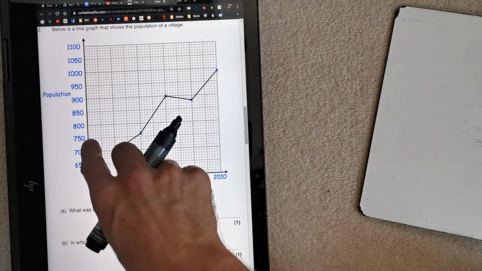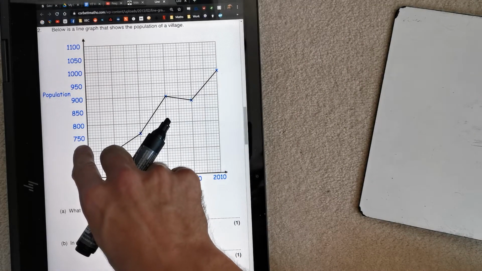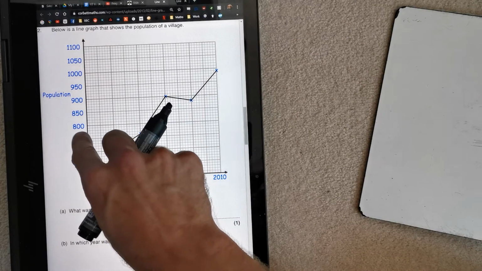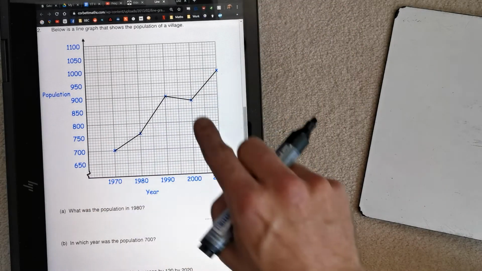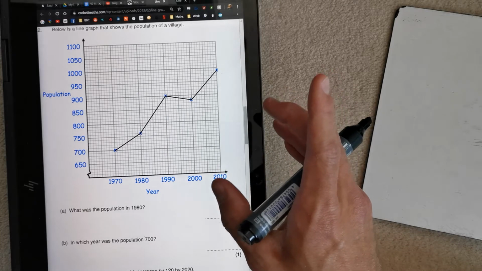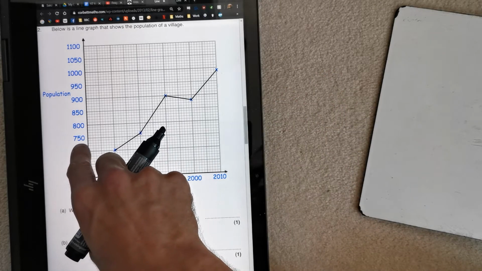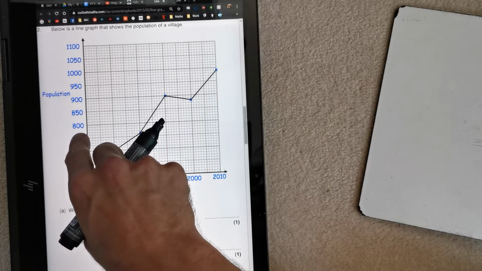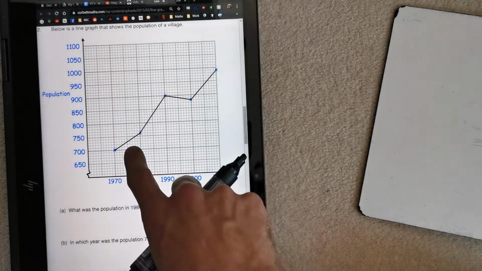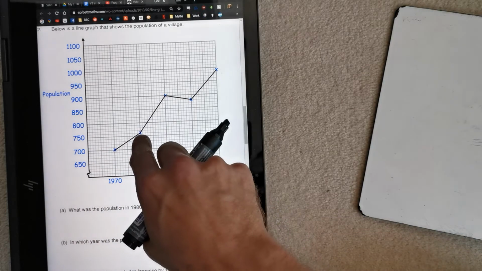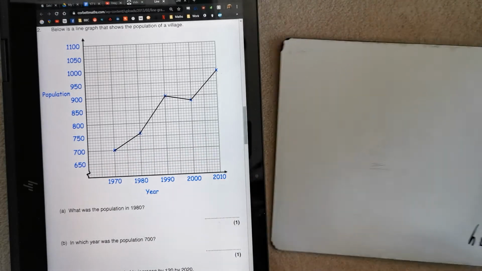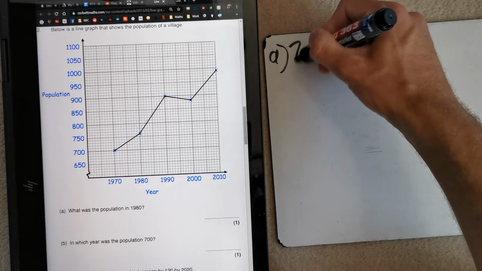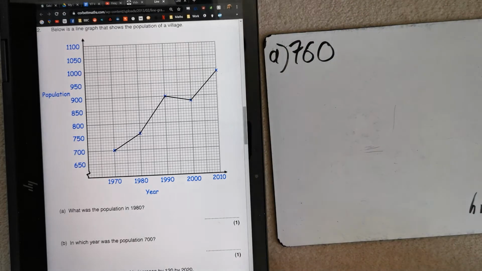Well, if it goes up in ones, it's going to go 751, 752, 753, 754, 800. That's not right, is it? Is it going to go up in 5s, 10s, 20s? Have a think. It actually goes 750, 760, 770, 780, 790, 800, that works. Goes up in 10s, okay? So, from 750 up 1 block, it's going to end up on 760, okay?